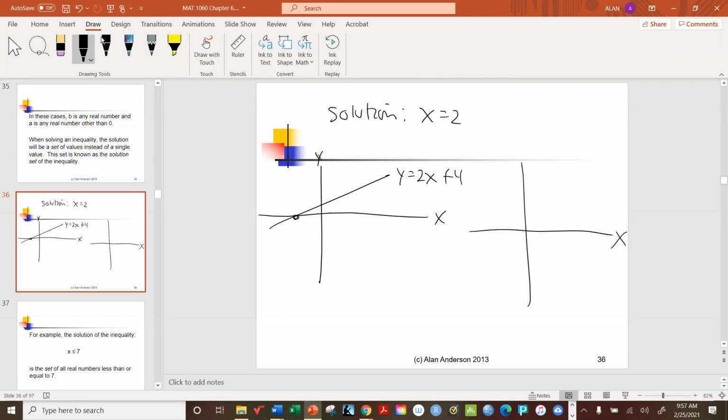Suppose that my function is something like this. Y is less than or equal to 7. That would include all of these values, everything.